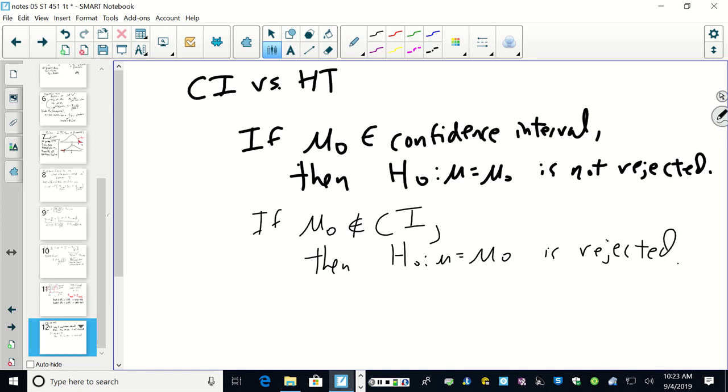And the contrapositive of these things are also true. If you do not reject, right, then it's going to be covered by the confidence interval, and if you do reject, then it's not in the confidence interval, and so there's this 1-to-1 correspondence in this particular testing procedure. Right?